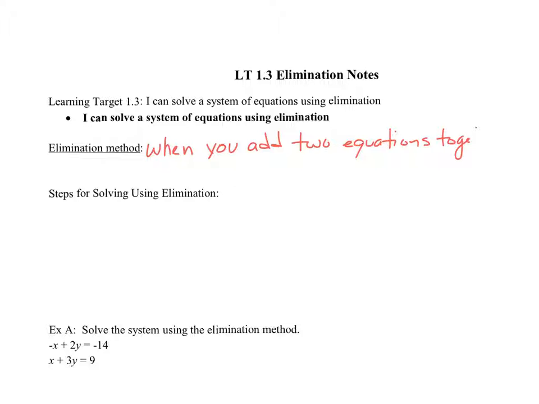Ooh, good timing, we barely started. All right, so just like for substitution, I'm going to give you the steps, and then we're going to do an example to show the steps afterwards.